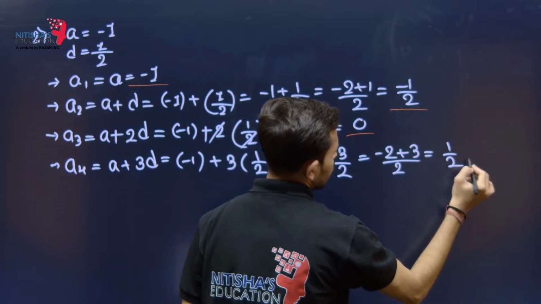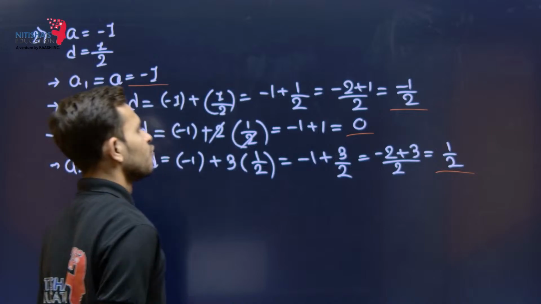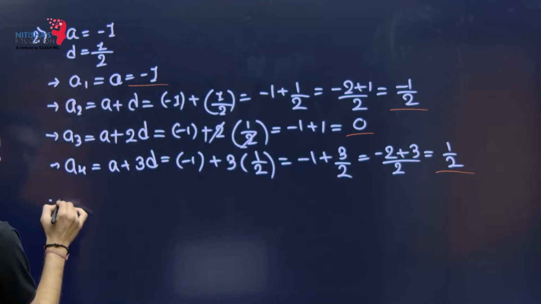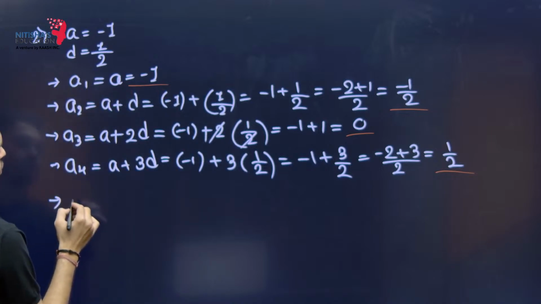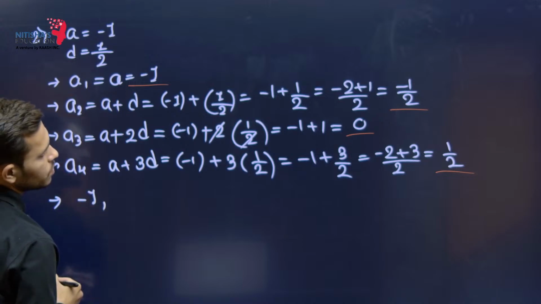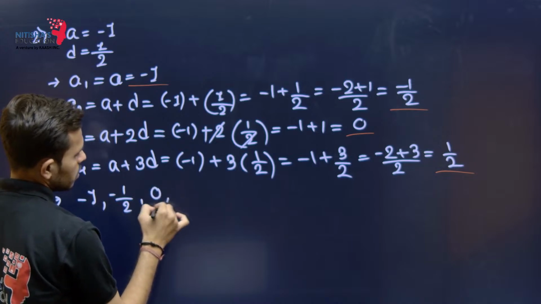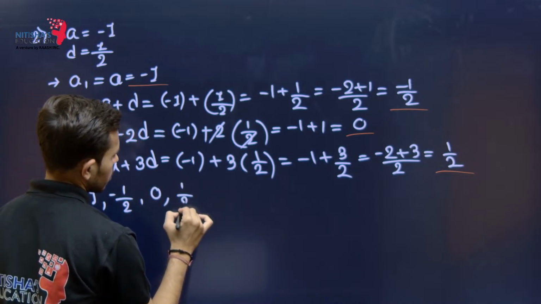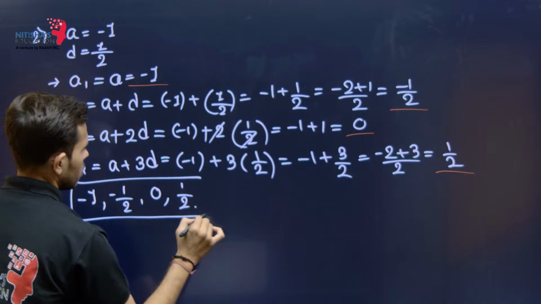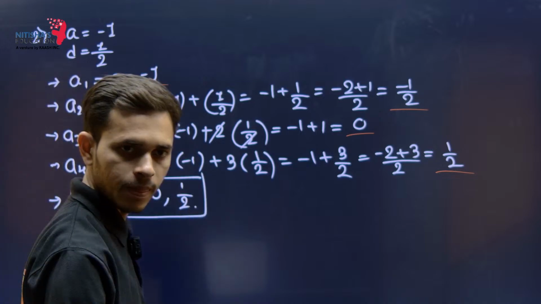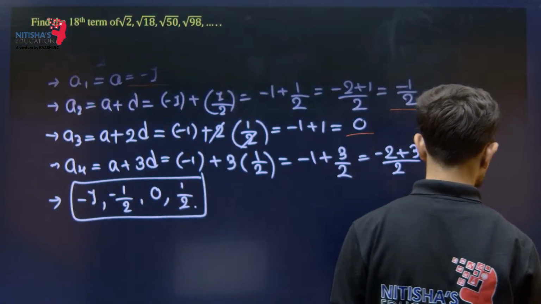So it is 1 upon 2. This is my fourth term. So the answer of this question is, our first term is minus 1, our second term is minus 1 upon 2, our third term is 0, and the fourth one is 1 upon 2. So this is our final answer. Got it? Let's move to the next question.